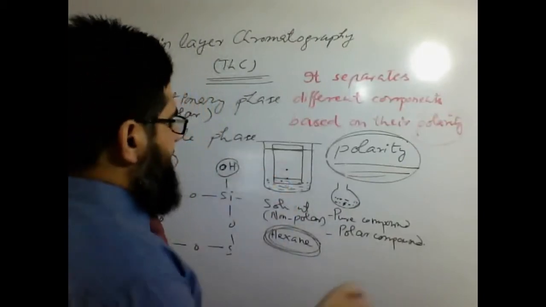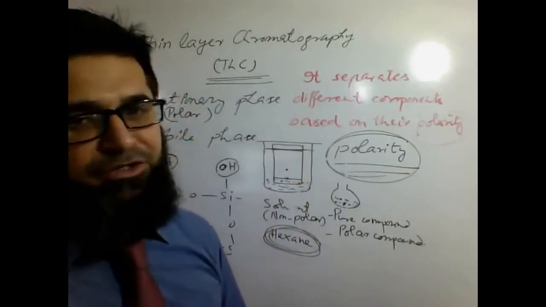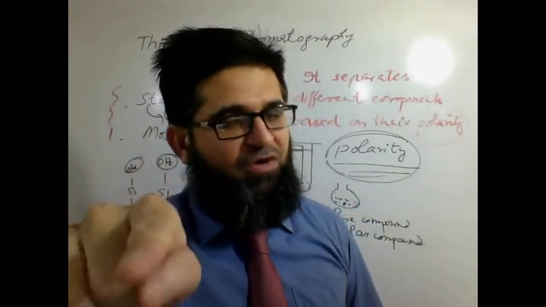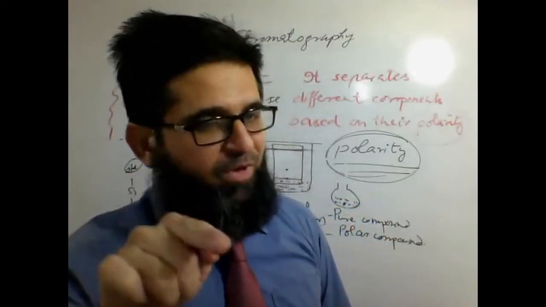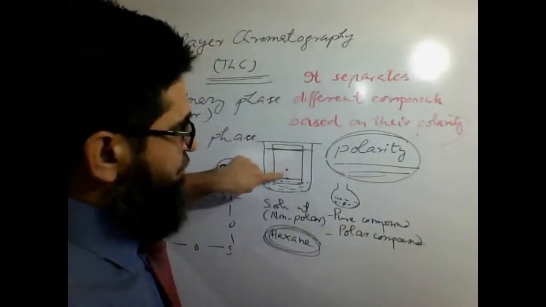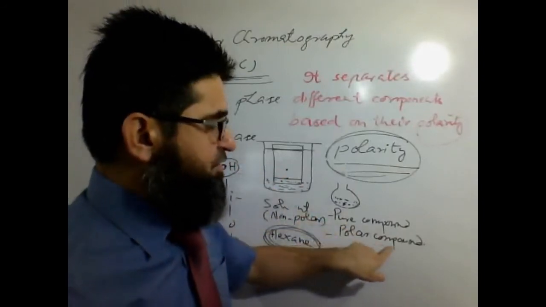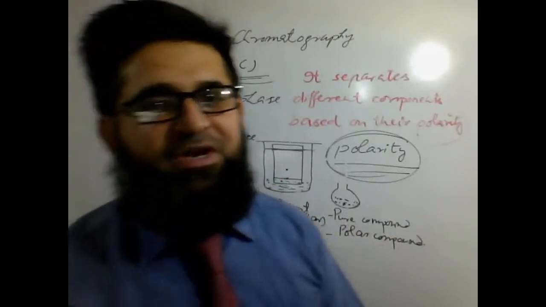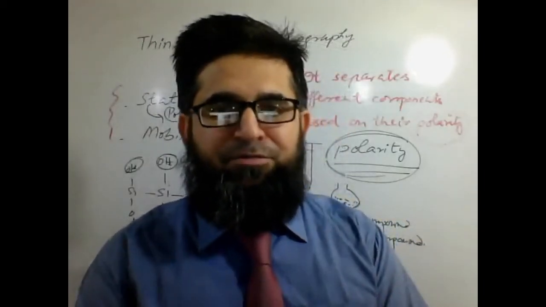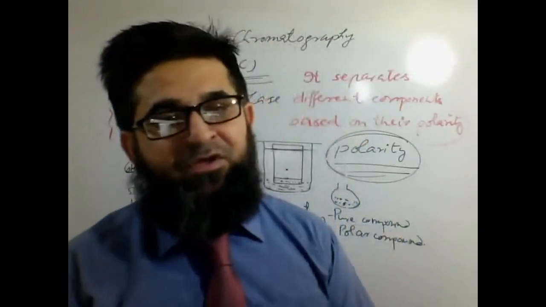Again, if a single spot appears closer to the bottom, then I can assume that yes, the given compound is some sort of pure one. Secondly, if the spot hasn't moved up, it is closer to the base, then it will come to my mind the given compound is some sort of polar one. So I can assume that yes, this is what the gentleman told me, a carboxylic acid. Let's say it could be benzoic acid, a carboxylic acid.